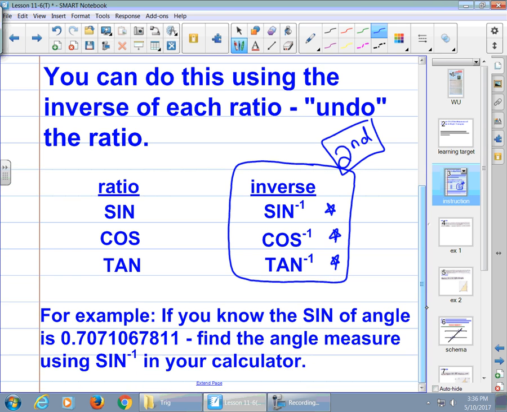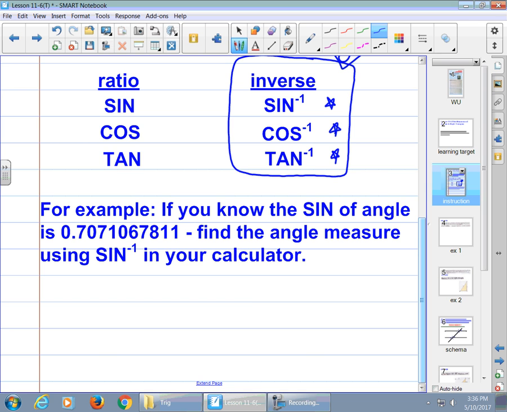So for example, if you know the sine of an angle is 0.7, you can find the angle measure using inverse sine in your calculator. So basically what you would do is you would press second sine to activate inverse sine, and then you would put in this number here, and it would tell you the approximate value of the degree of your reference angle.